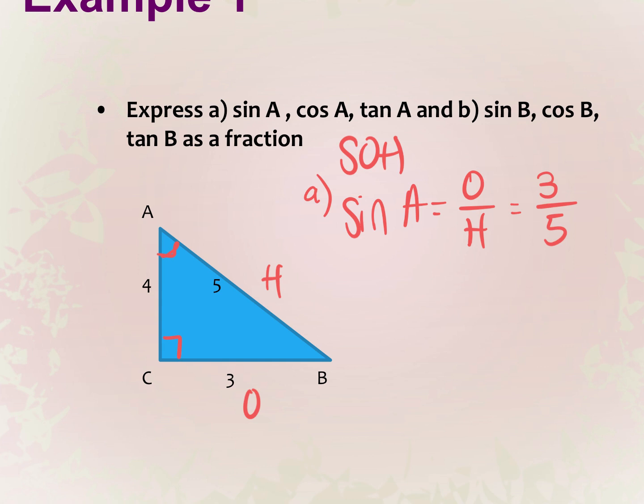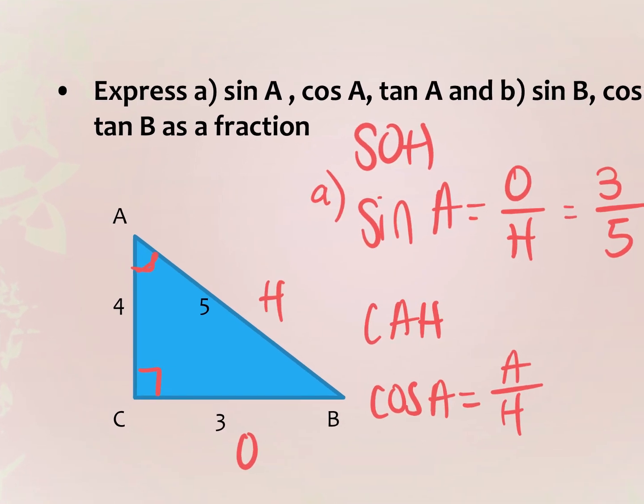Kind of? Okay. Cosine is CAH. So I'm going to write cosine of A is the equivalent of the adjacent over the hypotenuse. Now, when we're talking about the adjacent, can the adjacent side be the 5?